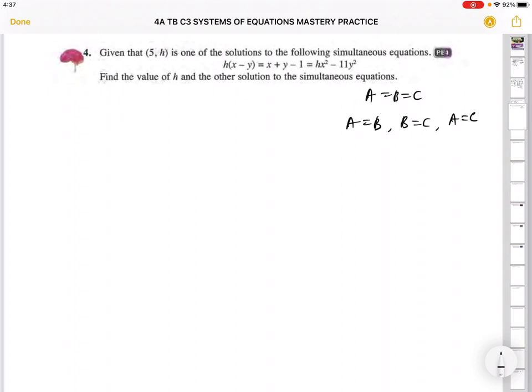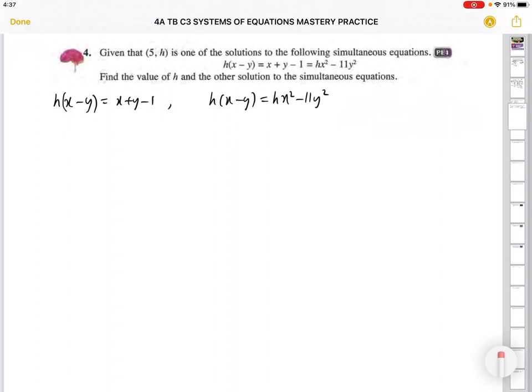So you can say hx minus y equals x plus y minus 1 as the first equation, and you can use hx minus y equals hx squared minus 11y squared as a second equation. Now you can also use the third one, x plus y minus 1 equals hx squared minus 11y squared. You can do that. I just used the first and second.